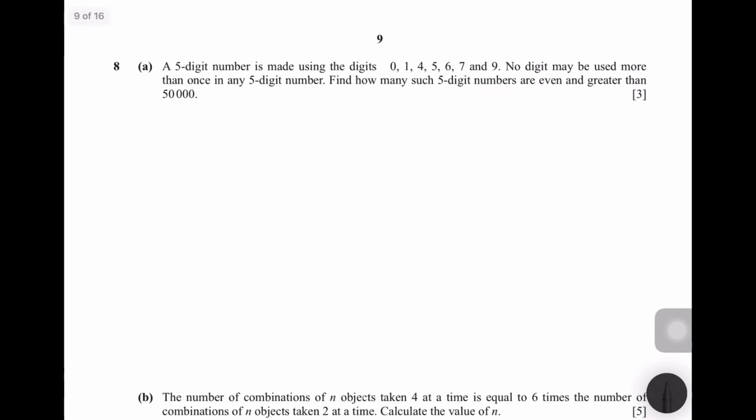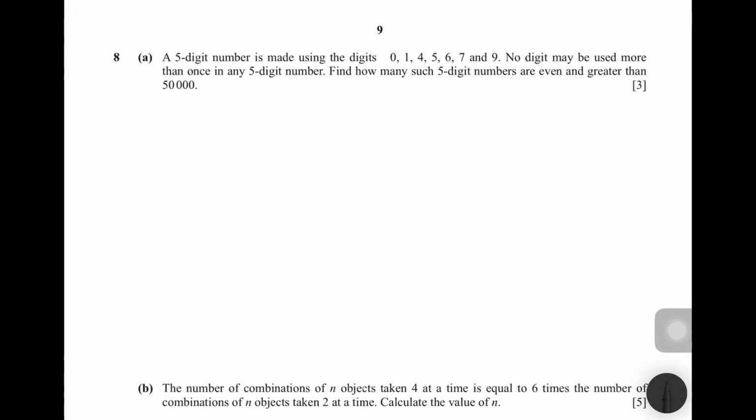Okay, now this is from permutation and combination. A 5-digit number is made using digits. So we are making 5 digits number, so be careful. 5 digits numbers, digits 1 2 3 4 5, and no digits may be used more than once.